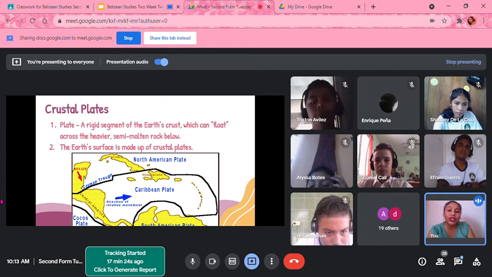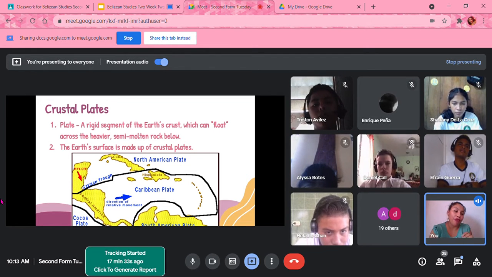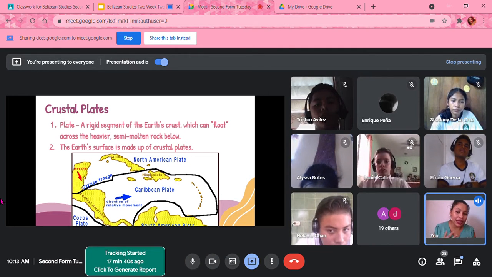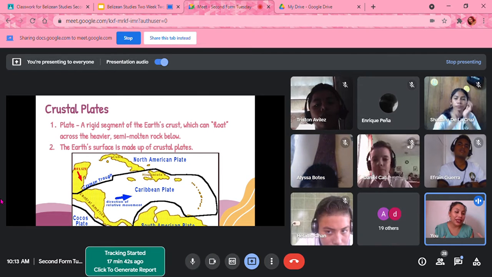So now, what is a crustal plate? It's a rigid segment of the Earth's crust which can float across the heavier semi-molten rock below. So, in simpler words, the crust, because it is less dense, has these big chunks of rock that are floating.